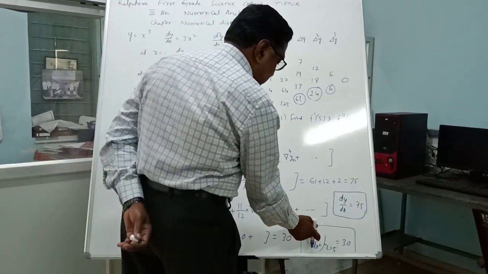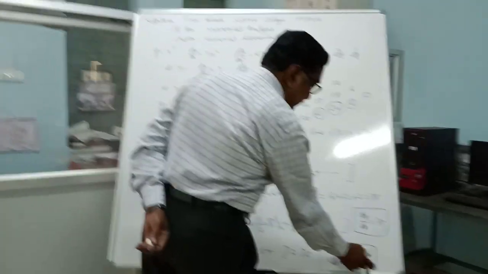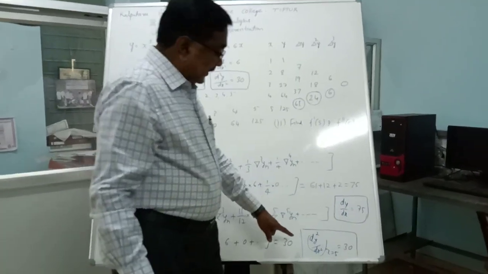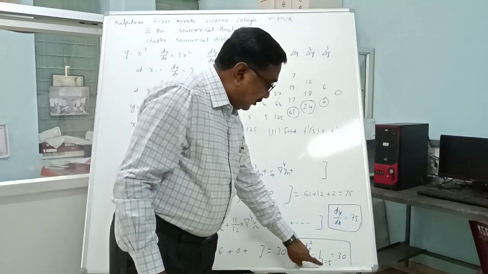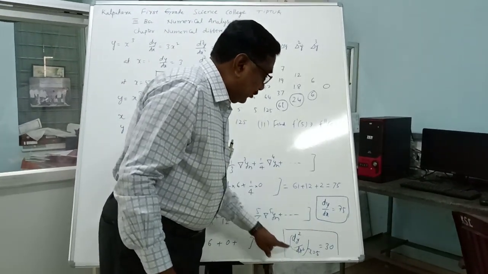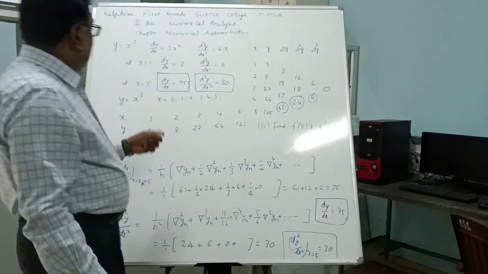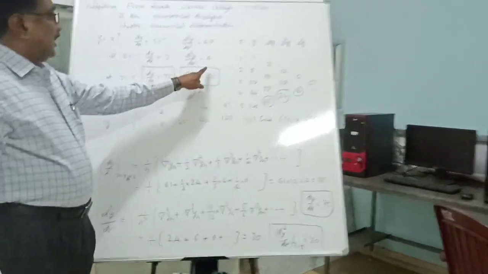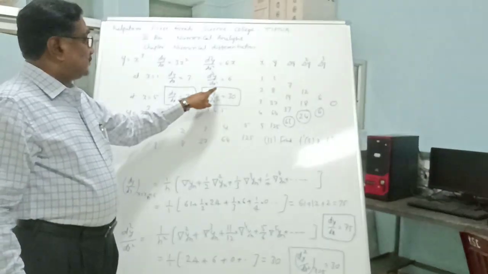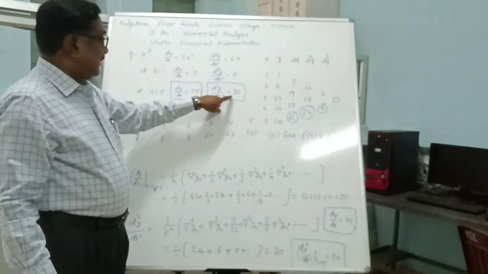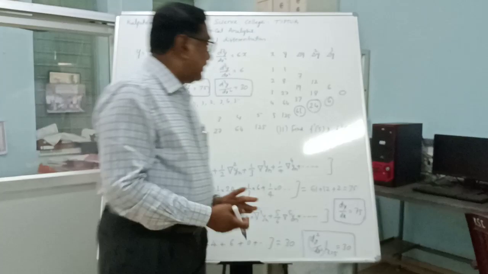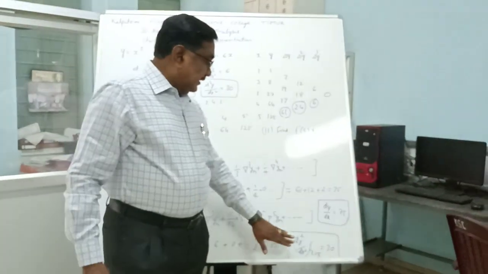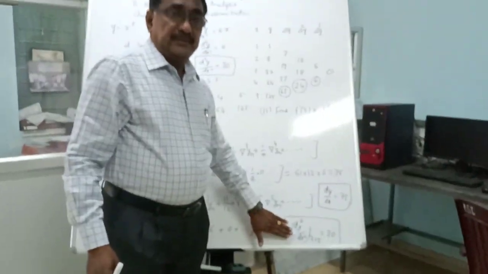This is the value of the second derivative at x equal to 5 obtained by the numerical method. We verified that the same value is obtained by the calculus method: d square y by dx square equals 30 by the calculus method, and 30 by the numerical method. Hence, we get the numerical differentiation by means of the numerical method.